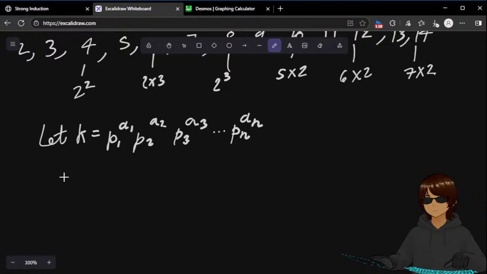But then the fundamental theorem of arithmetic says that we can uniquely represent it as a product of primes.